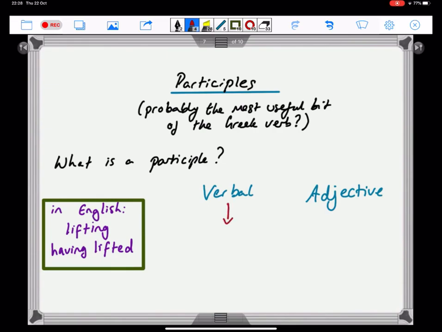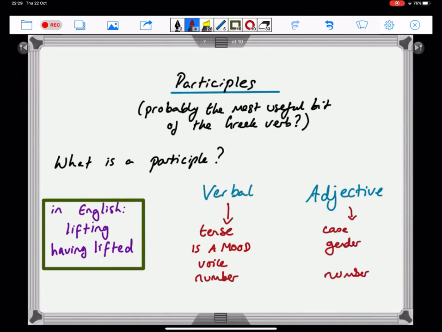This means it has tense, it is a mood, and it has a voice, and it's also going to have a number. As an adjective, it's got case, gender, number.